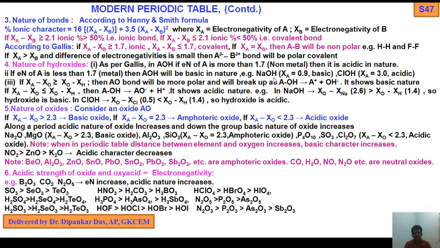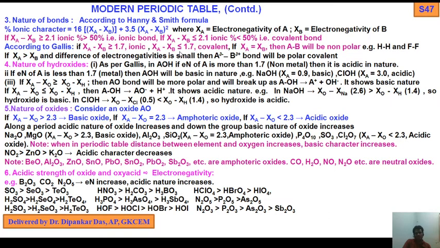So if the difference chi A minus chi B is greater than or equal to 2.1 and percentage of ionic character is greater than 50%, then it is an ionic bond. If chi A minus chi B is less than 2.1 and percentage of ionic is less than 50, then it is a covalent bond. According to Gallus, if chi A minus chi B is greater than or equal to 1.7, then it is ionic.